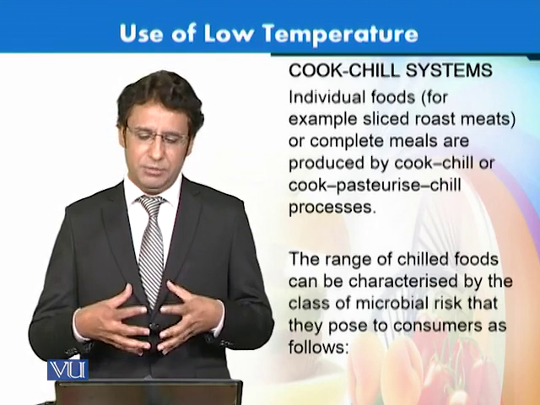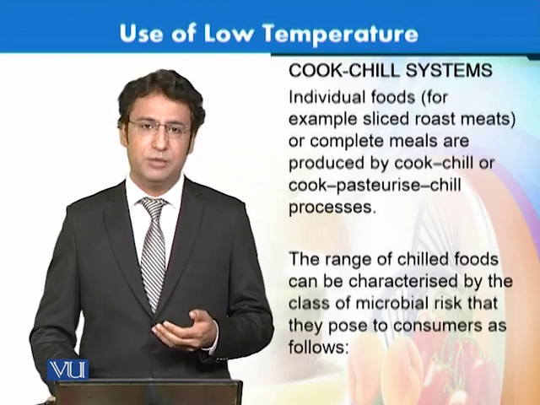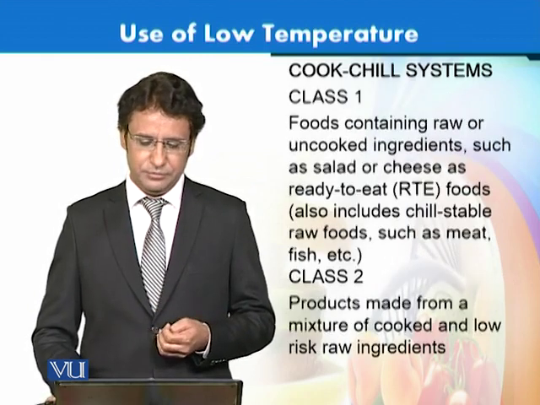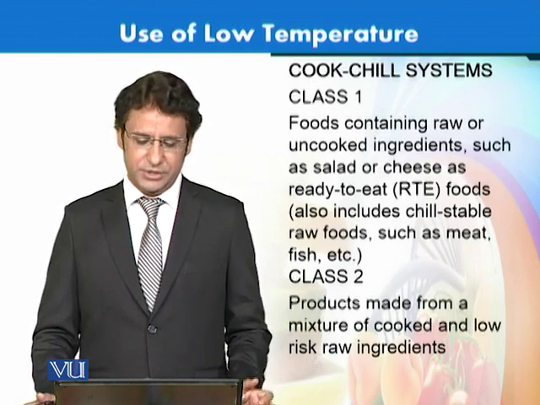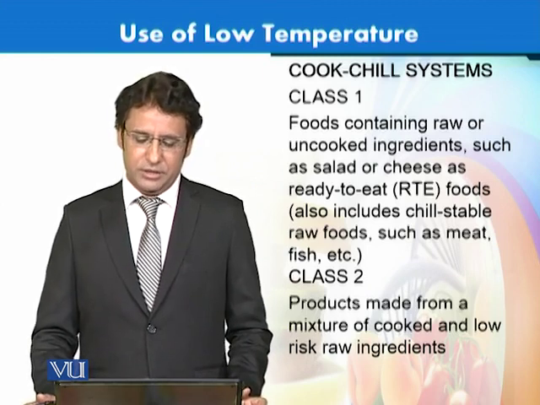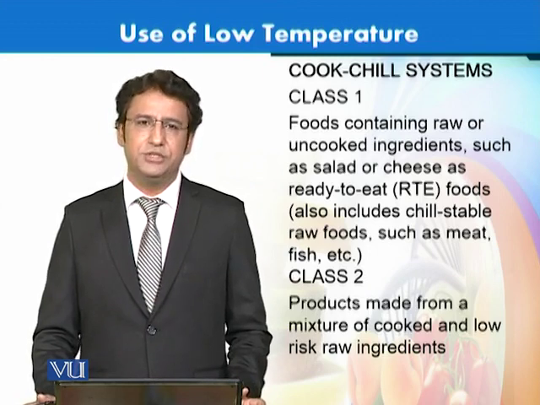Now these foods can be classified into 4 different classes depending upon the risk that they pose to the end user or consumer. In the cook chill system, class 1 consists of foods that have raw or uncooked ingredients such as salad and cheese, or ready to eat foods.